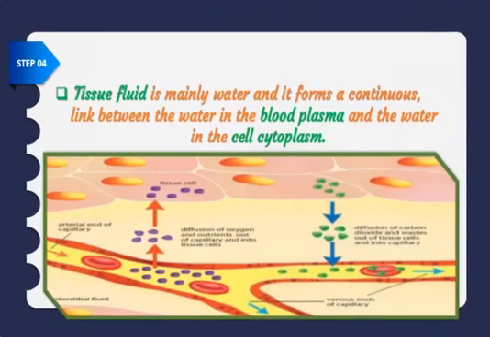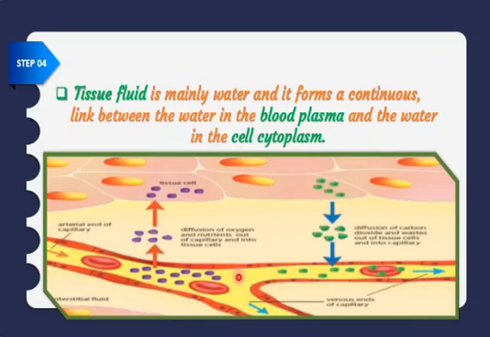So dear students, you can see tissue fluid is mainly water, and it forms a continuous link between the water in the blood plasma and the water in the cell cytoplasm. Here you can see a blood vessel like a capillary, because it has a very thin wall with holes, meant for the exchange of materials.